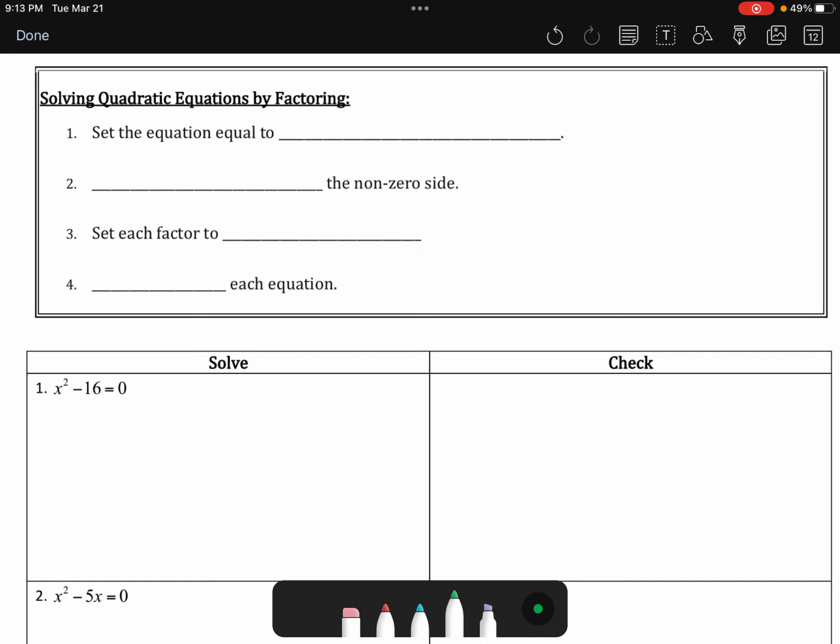Step number 1, set your equation equal to 0. You're going to use inverse operations in order to do that. In question number 2, we had to subtract the 9 from both sides to get the equation equal to 0. Then we want to factor the non-zero side. So we're either using GCF, dots, or the X game, all of those methods.